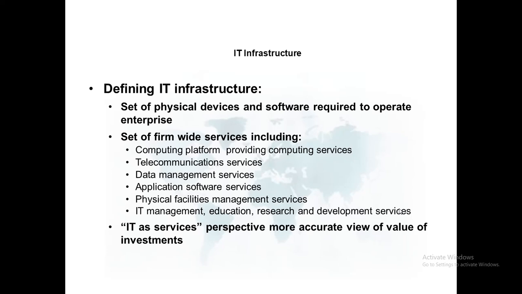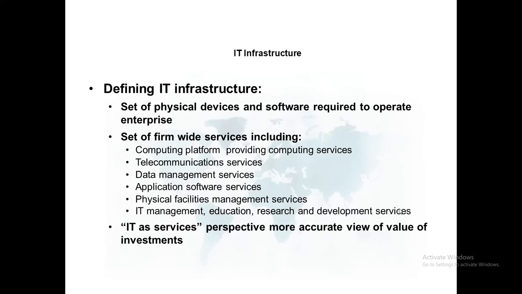We start by defining IT infrastructure. IT infrastructure can be defined as a set of physical devices and software applications that are required to operate the entire enterprise. So that is the first definition.